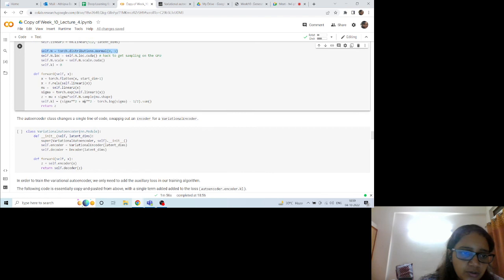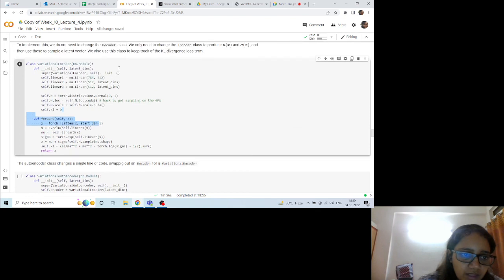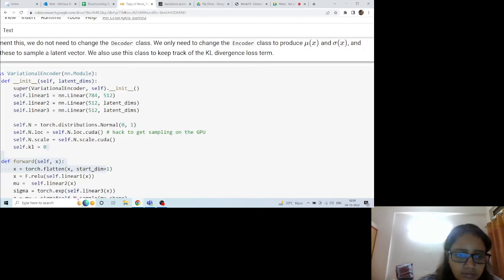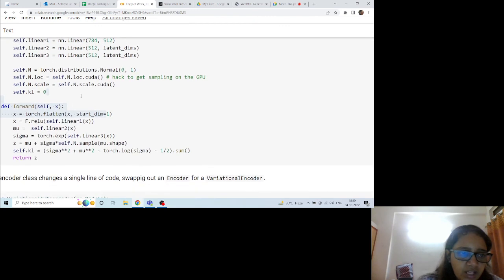What happens here in short is that you flatten your input and pass it through the first linear layer, which transforms 784 to 512. Then you pass it through linear 2 to get the mu, and through linear 3 to get the sigma.